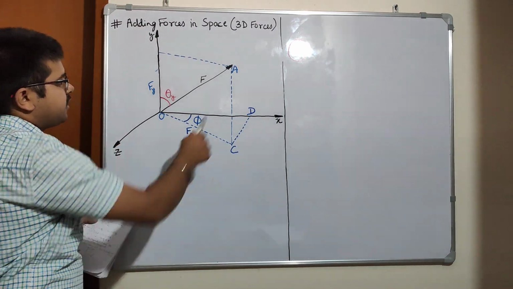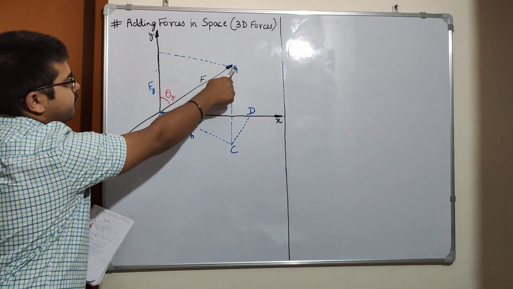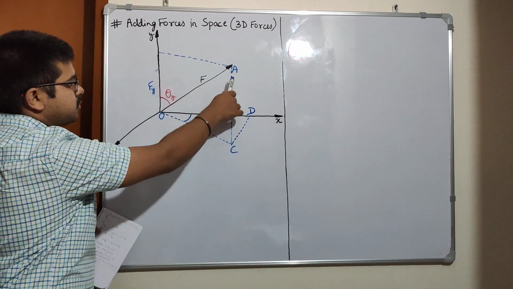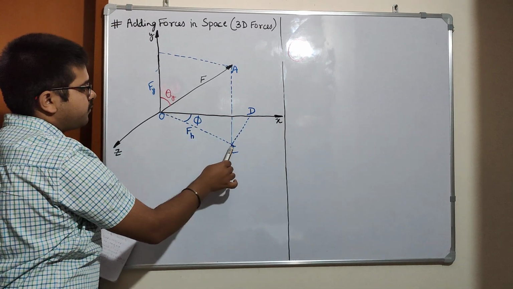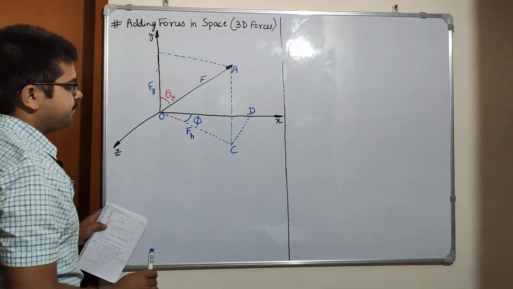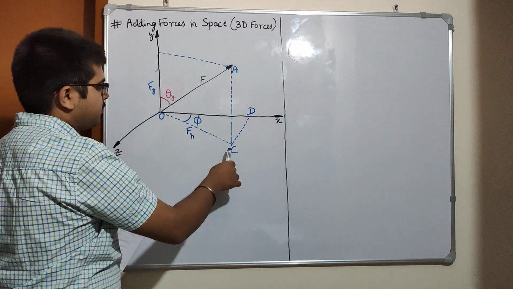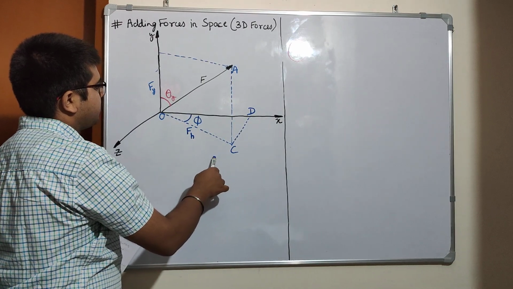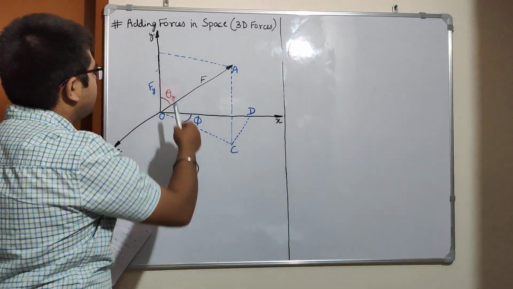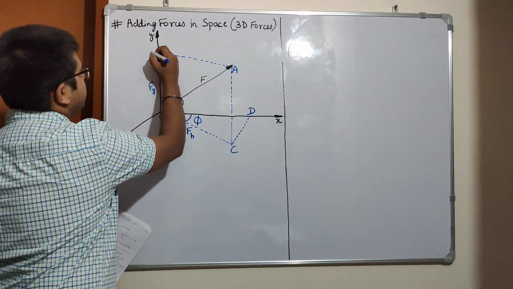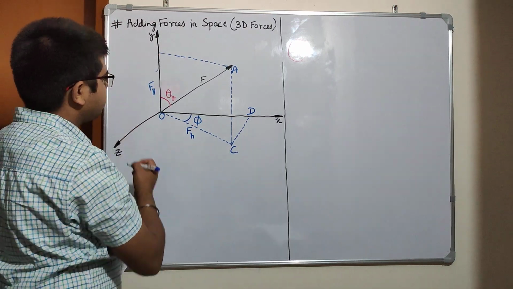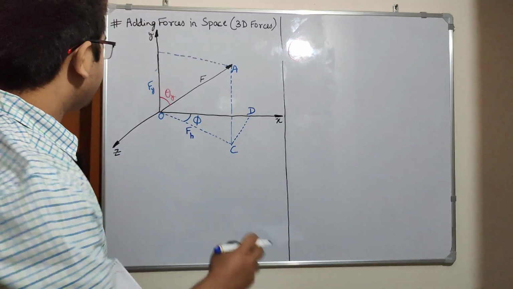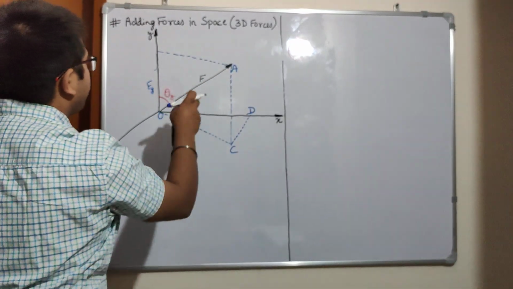And I have dropped the perpendicular from point A to xz plane, so that would be point C. So from O to C, and let's say this point is D. Let's say this line and this line are parallel.